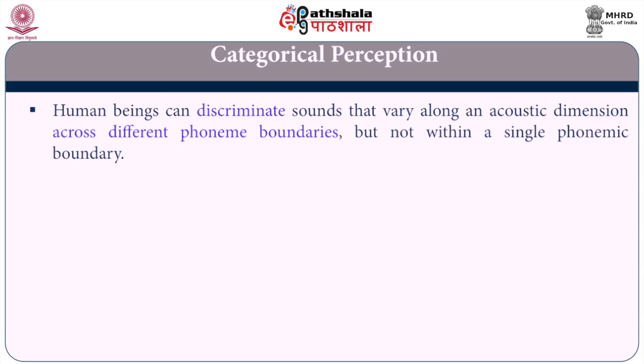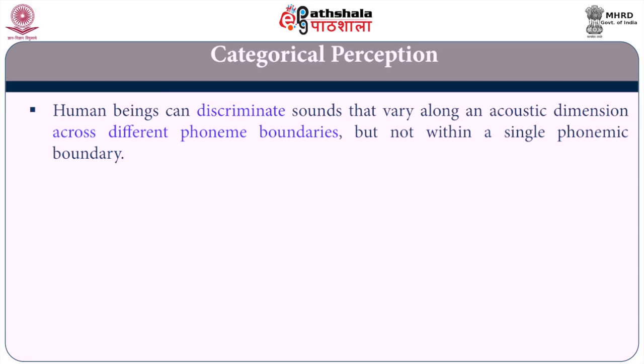How much acoustic information do you need to identify something as pa, and does that acoustic information change from native speaker to native speaker? These are the questions that researchers on categorical perception address.